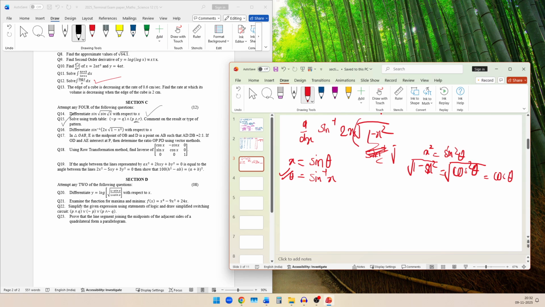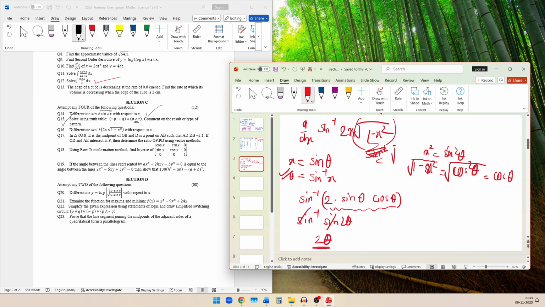Okay, so I'm going to rewrite this function as sine inverse of 2 times sine theta times cos theta, and use the formula 2 sine theta cos theta is equal to sine 2 theta. That should give me sine inverse of sine 2 theta, and then sine and sine inverse cancel. What remains is 2 theta.